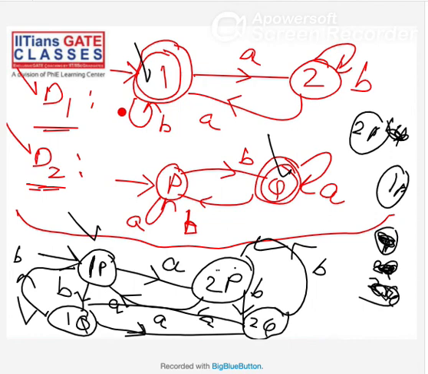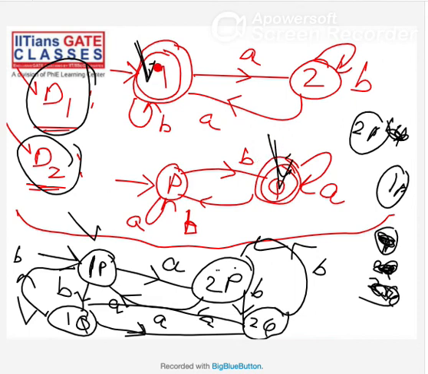If you want to make a DFA for the intersection of these two languages, this is your L1 language, this is your L2 language, intersection of L1 and L2, then because you are making intersection, the string should belong to here, and the string should also belong to here.